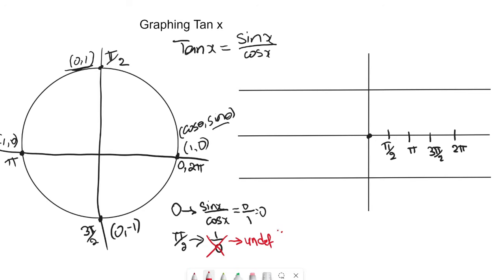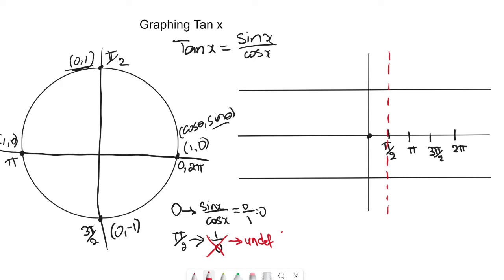In other words, we're going to say we have an asymptote. If you're familiar, an asymptote is a line where your graph does not touch. So the graph will not touch the line x equals pi over 2.